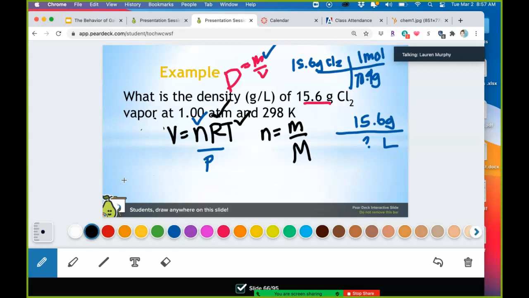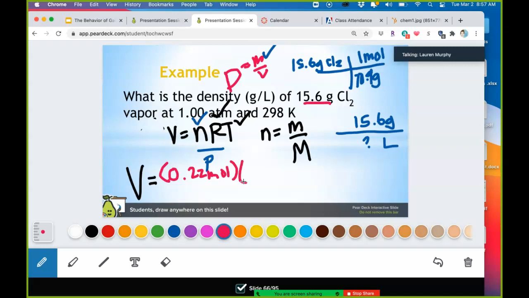So V equals, all right, my moles come out to be 0.22, basically, moles. That's N. What is R? Well, you want to pick the R constant based on pressure. The pressure I used was atmospheres. ATM means atmospheres.